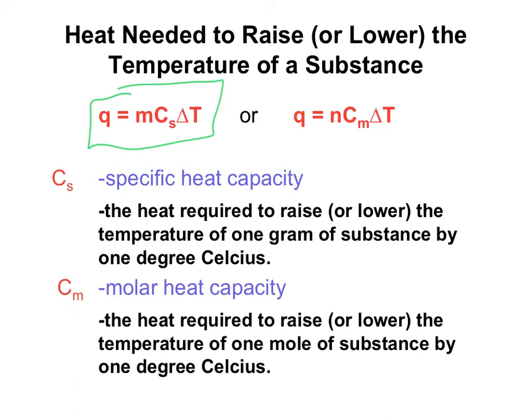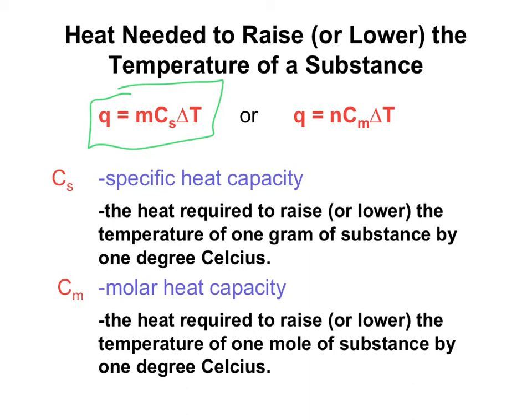The specific heat capacity is the heat needed to raise or lower the temperature of 1 gram of substance by 1 degree C. I don't have this written down, but the specific heat refers to water. So it would be the heat needed to raise the temperature of 1 gram of water by 1 degree C. And it happens to be 4.184 joules.